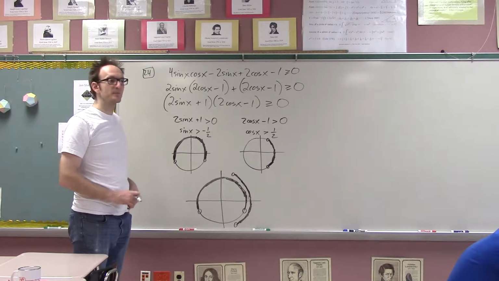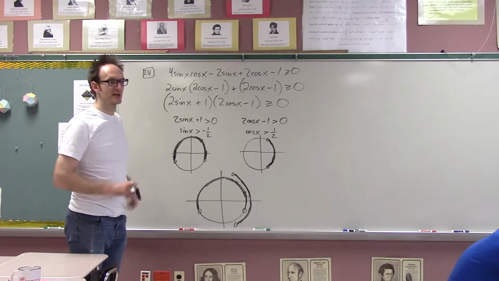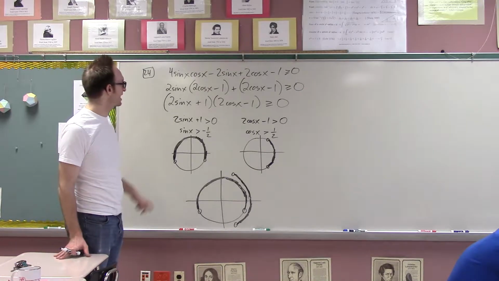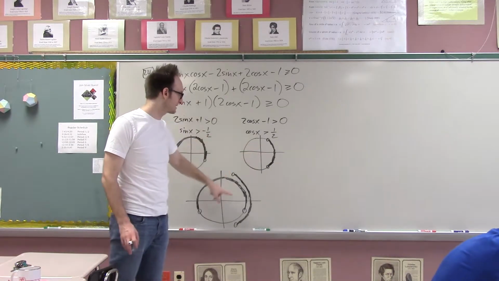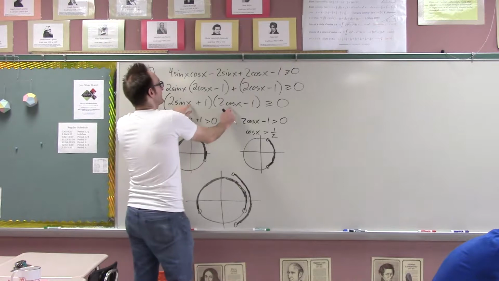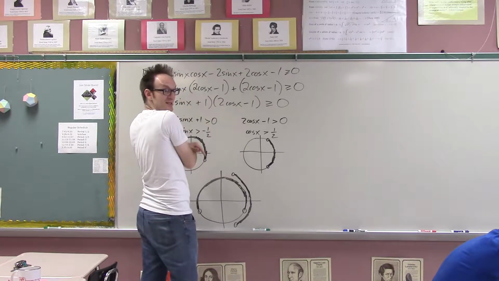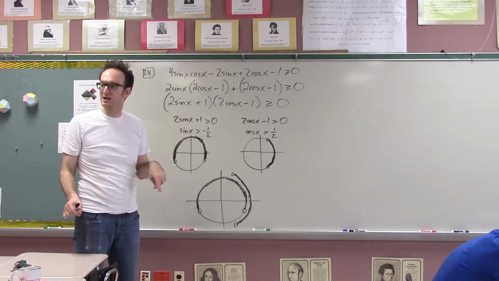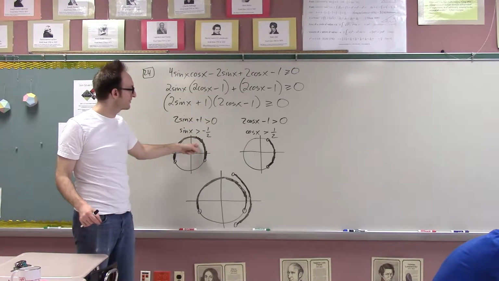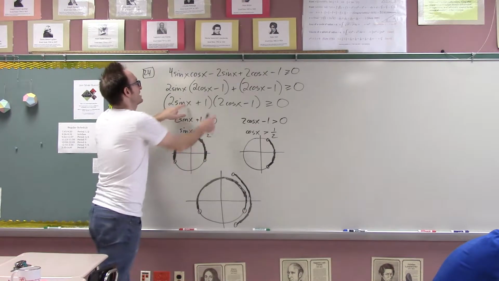By my own convention that I just established 2 minutes ago, I shade whenever this is positive and I shade whenever this is positive. So if they're both shaded, then both of these factors are positive and therefore the product is positive. But if one is shaded and one is unshaded, then that means that one of them is positive and the other one is negative and thus the product is negative.